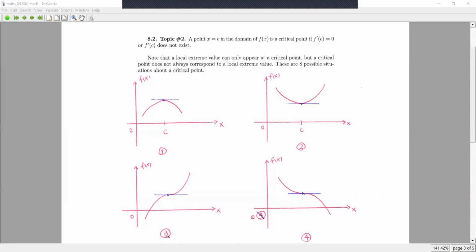However, in case 3 and case 4, the function has neither a local maximum nor a local minimum. This point is a critical point. The tangent line is horizontal, or the derivative is 0. But in these 2 cases, the function f has no maximum nor minimum at this point.